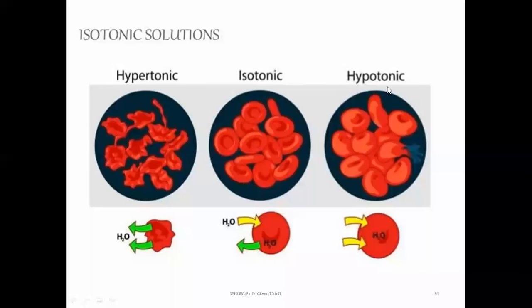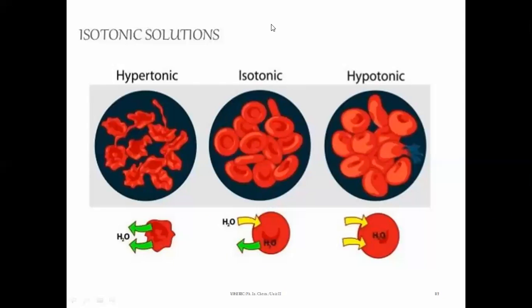And with respect to hypotonic solutions, as the tonicity in the RBC is more as compared to the extracellular fluid, the water which is there in the surrounding fluid will go inside the RBC. So the RBC will swell up, whereas in hypertonic solutions the RBC will shrink. So in case of hypertonic solutions, plasmolysis will happen, and in case of hypotonic solutions, hemolysis will happen.